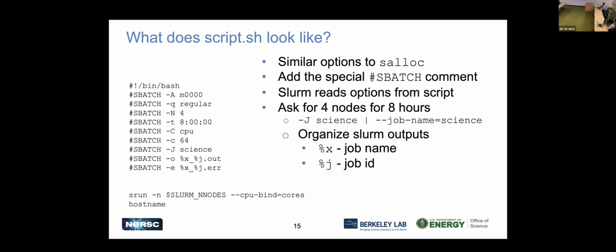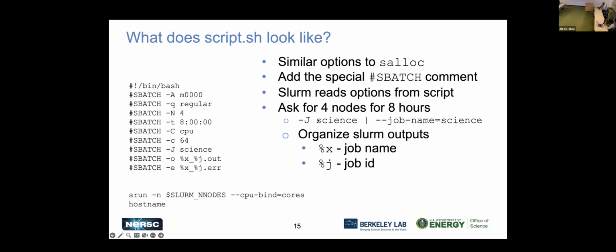And then what does a job script look like? At the top of it, by default, you'll have your bash command, and then you'll have #SBATCH to indicate that you're submitting a batch script comment. And then you'll have your different flags that you use to outline all of the information: your account, the QoS or queue you're going to use, the number of nodes you need, the time, the constraint, CPU or GPU, and other things that you can factor in.